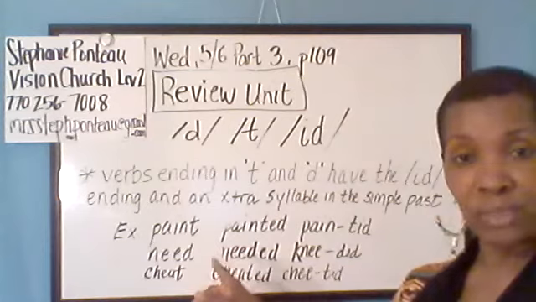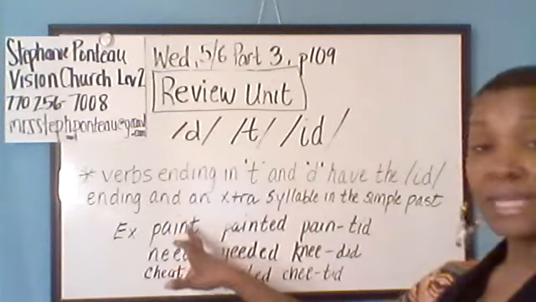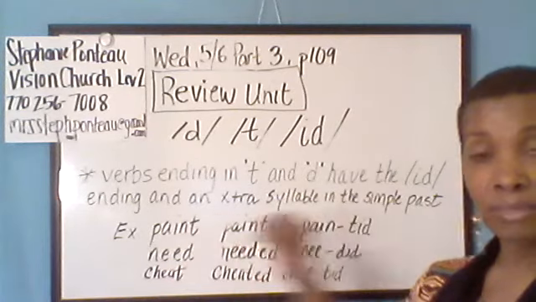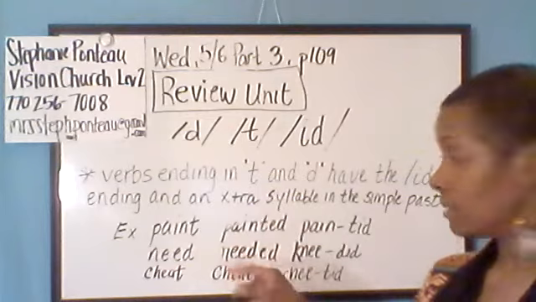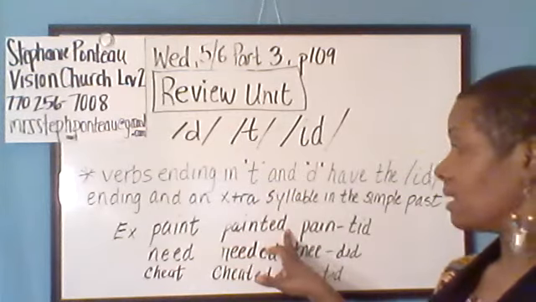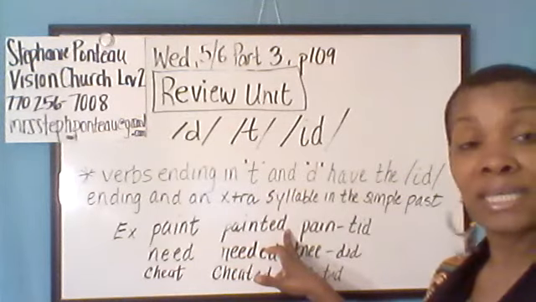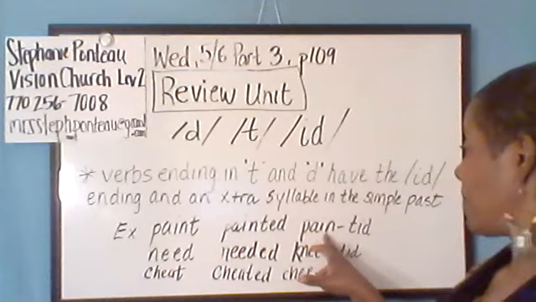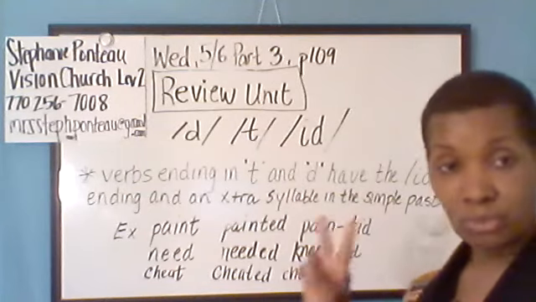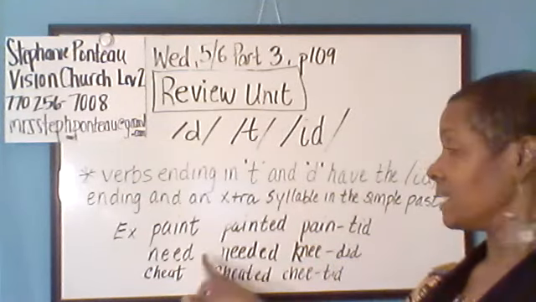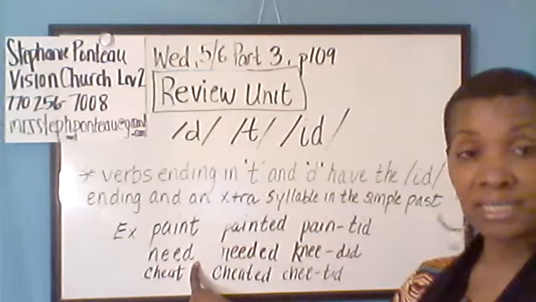And these are just a few examples for you, like paint. It ends in T, but you hear that t, paint. Past tense, simple past is painted. You hear that? Painted. 2 syllables. Painted. Need ends in D.